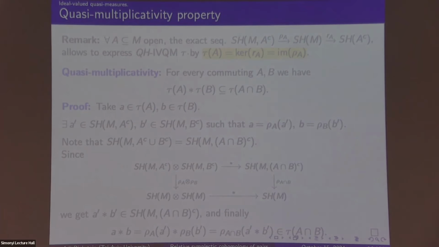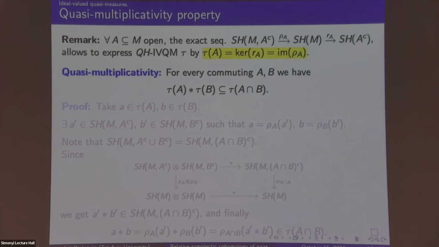What is the connection to relative symplectic cohomology? In our definition, we define the IVQM of a set to be the kernel of the restriction map. And using the relative symplectic cohomology of pairs, we have an exact triangle.